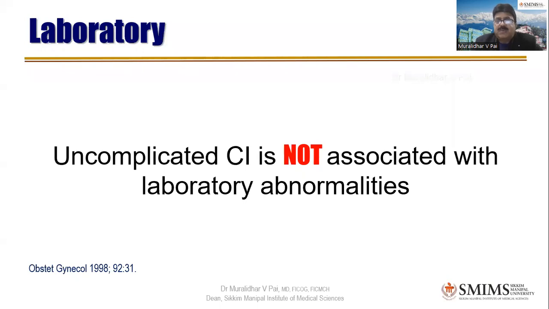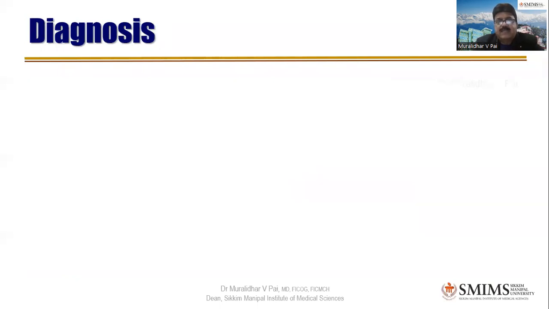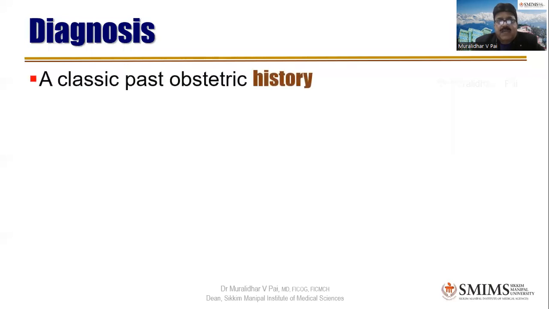Only when it is complicated with infection or other things will you see some amount of WBCs. And even fetal fibronectin is seen only when the membranes rupture. It's usually a retrospect rather than a predictor. Now we realize that. So how do you diagnose then?